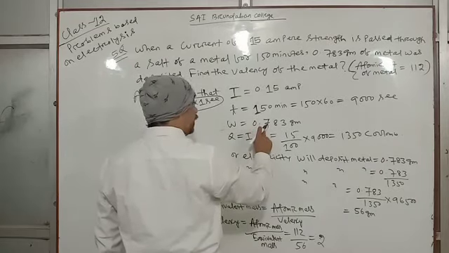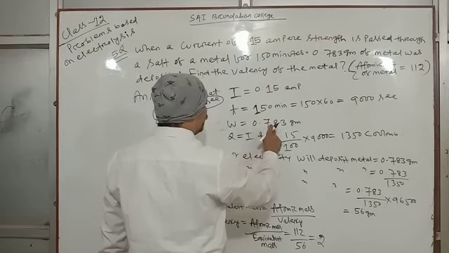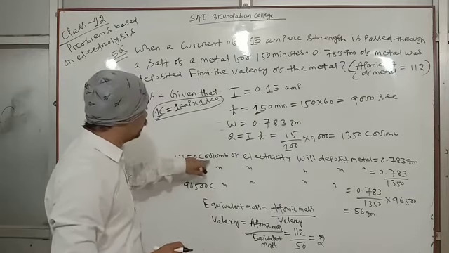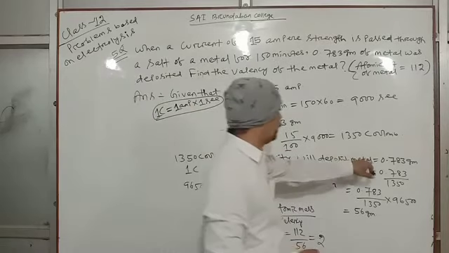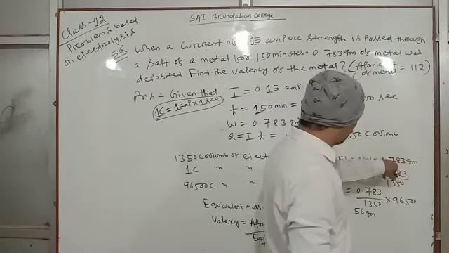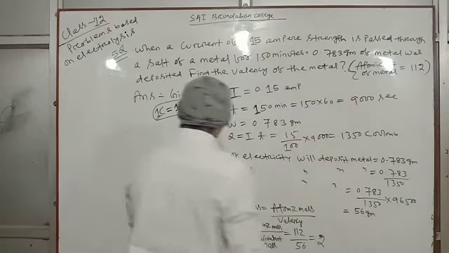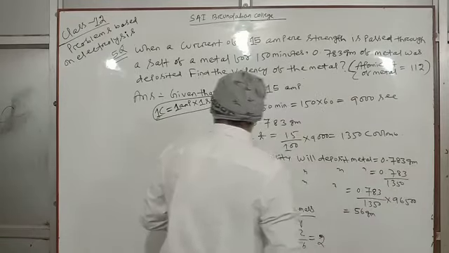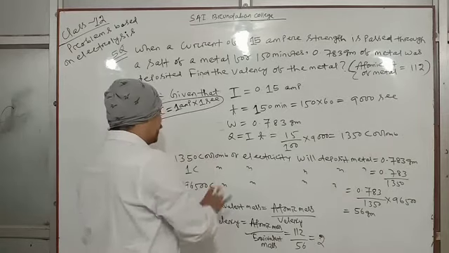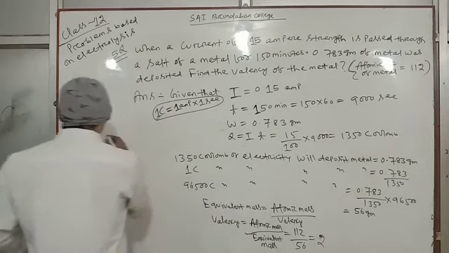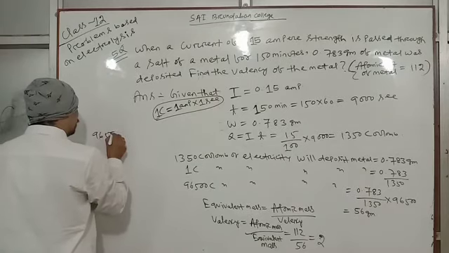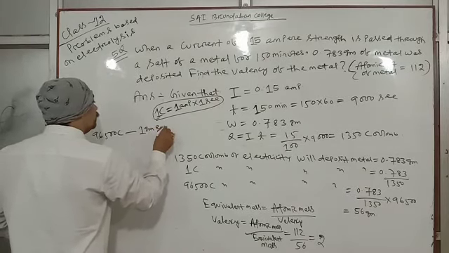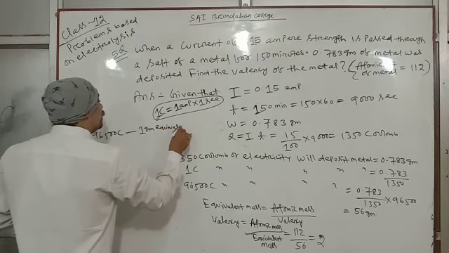W equal to 0.783 gram. So 1350 coulomb of electricity will deposit 0.783 gram of metal, and 1 coulomb will deposit 0.783 by 1350. We know that 96500 coulomb will deposit 1 gram equivalent.